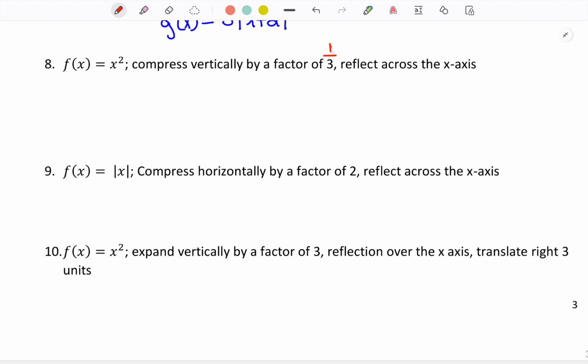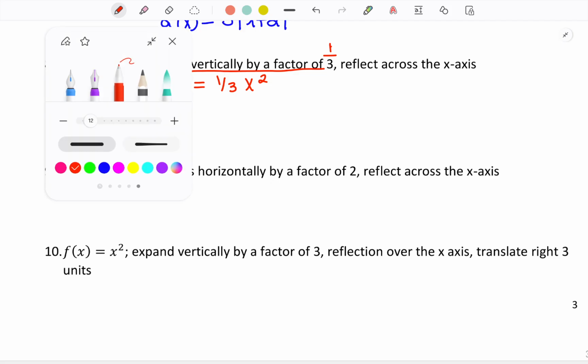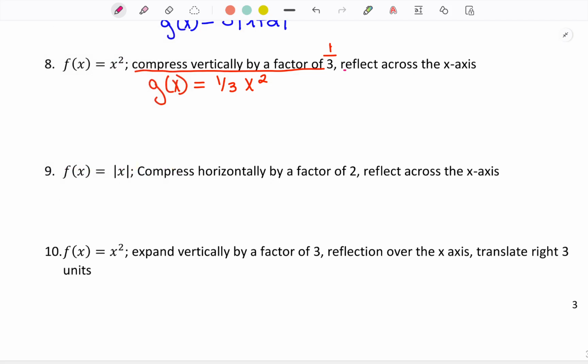Because anytime you compress, it needs to be between 0 and 1. So we are going to first of all have g of x be equal to 1/3 in front, x squared. And then we're going to reflect it across the x-axis. So we'll have g of x equals negative 1/3 x squared.